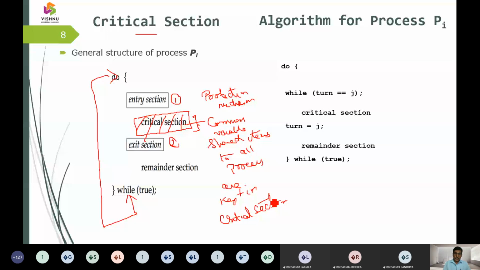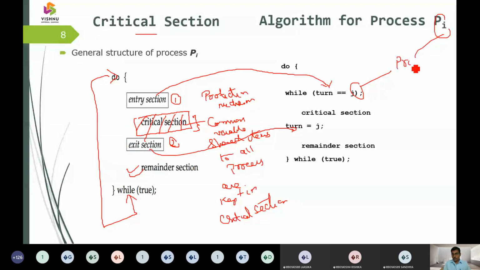You can assume here what an entry section is. The entry section we call turn, and the exit section again we call it exit. Here we have processes Pj and Pi. Pj is going to come inside and say it is my turn to use, and we are assuming that Pi is already in the critical section, sharing.